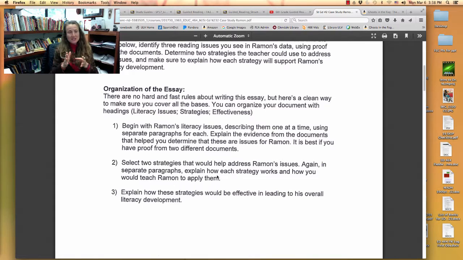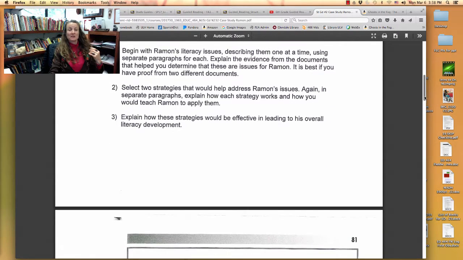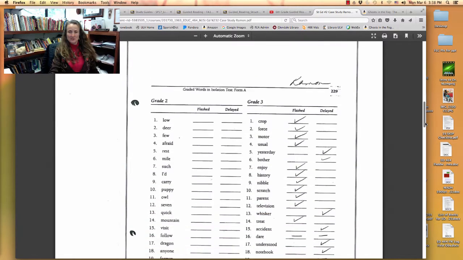Yes, that's a good idea, but Rika wants to see what you can do as a classroom teacher. So make sure your strategies are teacher-centered, and that could include silent reading in the classroom if that's what he needs. And finally, and most importantly maybe, is how will these be effective in leading to his overall literacy development? So, like I said in the other video, that can be really effective in selling your argument.